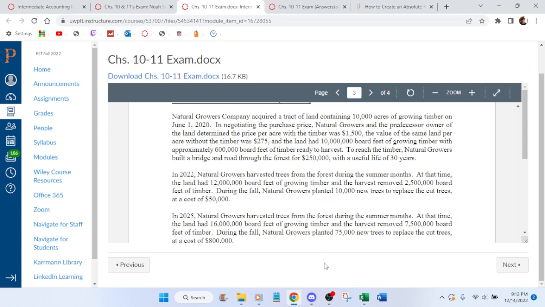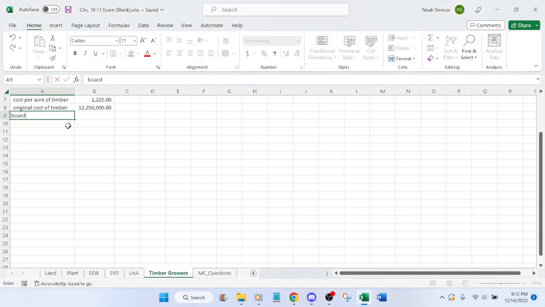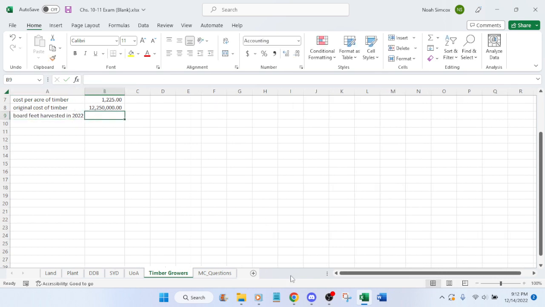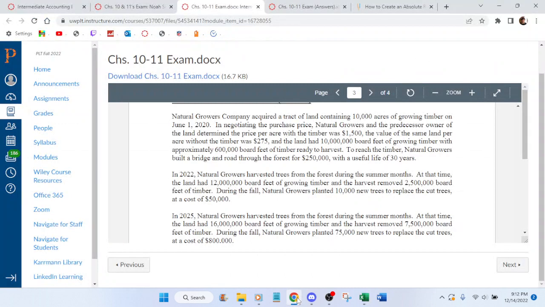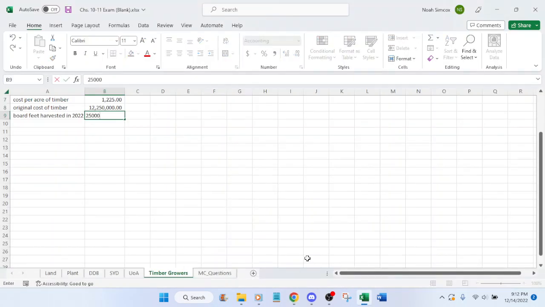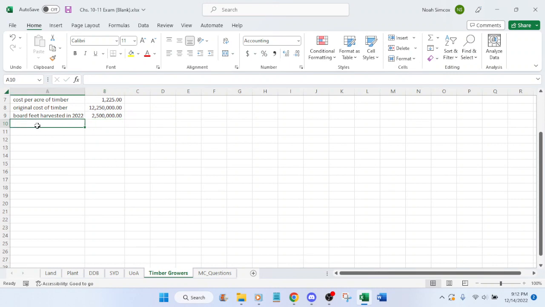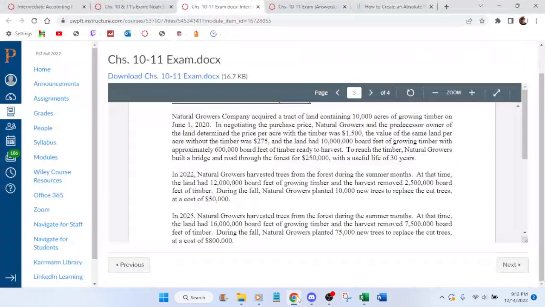Board feet harvested in 2022. So we have what? Harvested 22,500,000. Total board feet 2022 is 12 million.